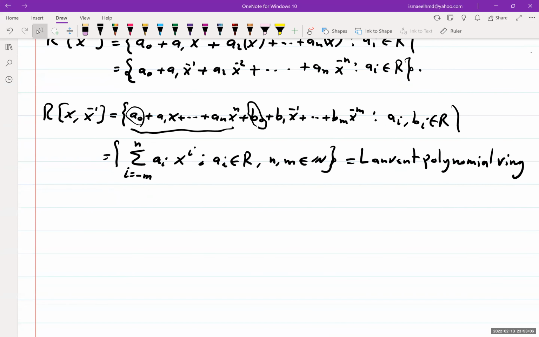For example, you can say Z of square root of 2 and 1 over square root of 2 is the set of polynomials written as a summation of ai square root of 2 to power i from minus m to n, where ai are integers.